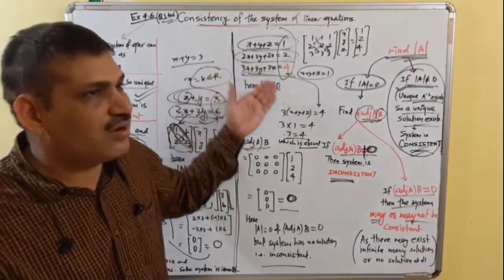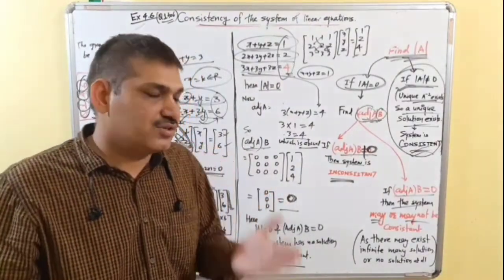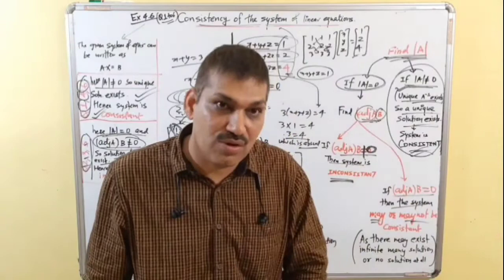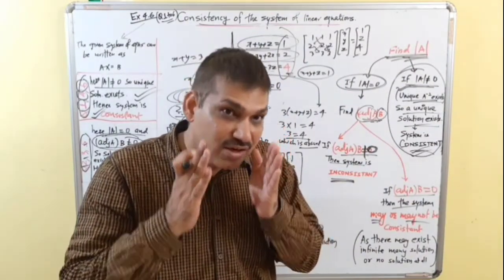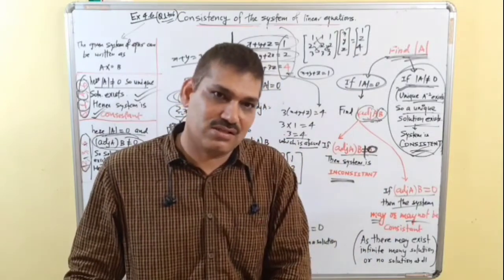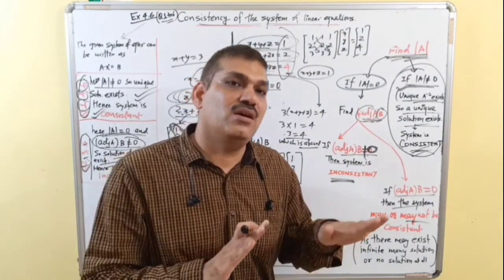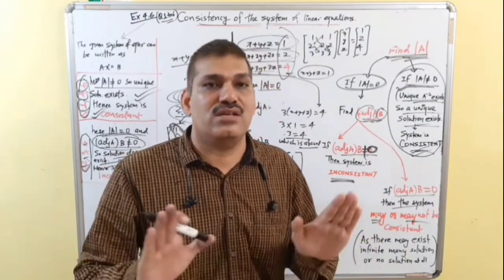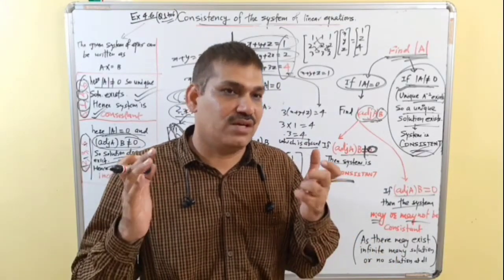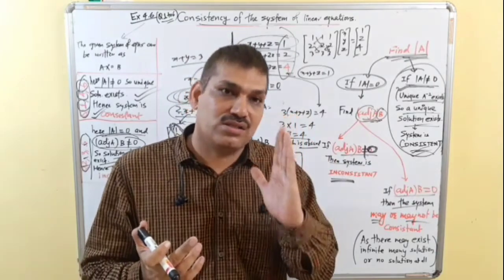That means this will not have any solution. So you can observe, if adjoint A into B is equal to 0, then it need not be consistent. The system may be consistent, or may be inconsistent, as the case may be. That is what we can discuss about consistency.